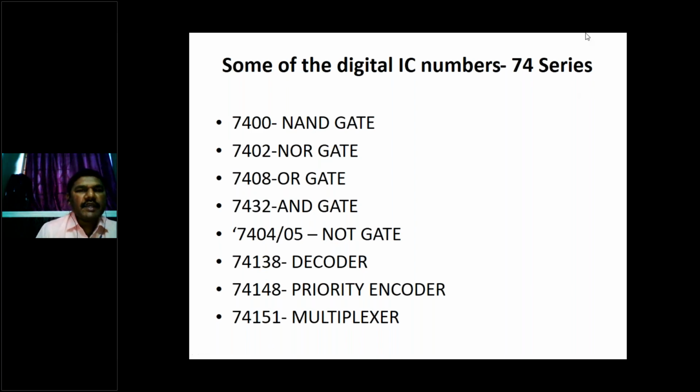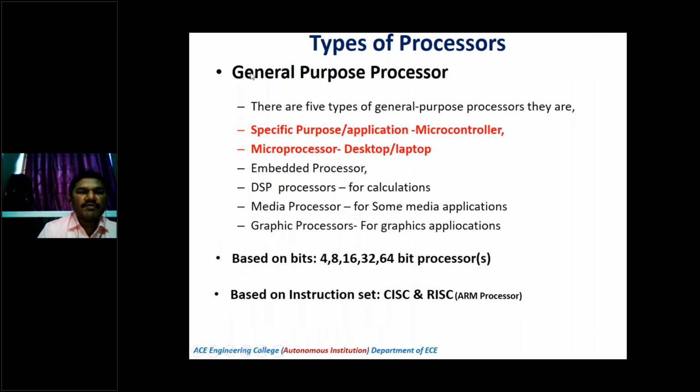Right, and the types of processors. These are the different types of processors: general purpose processors, processors based on bits, and processors based on instruction set.